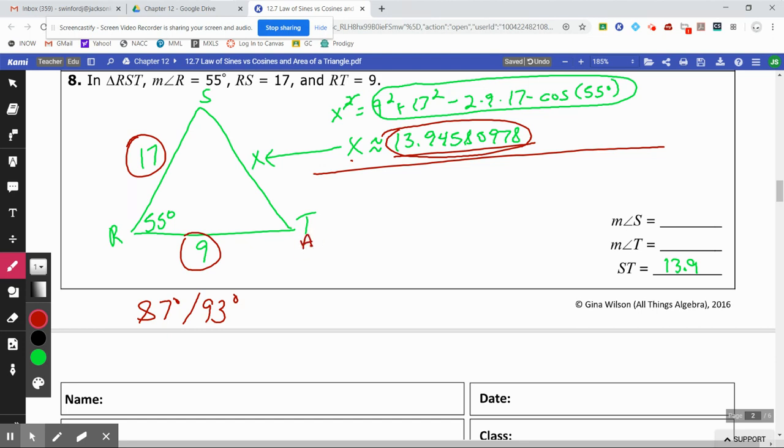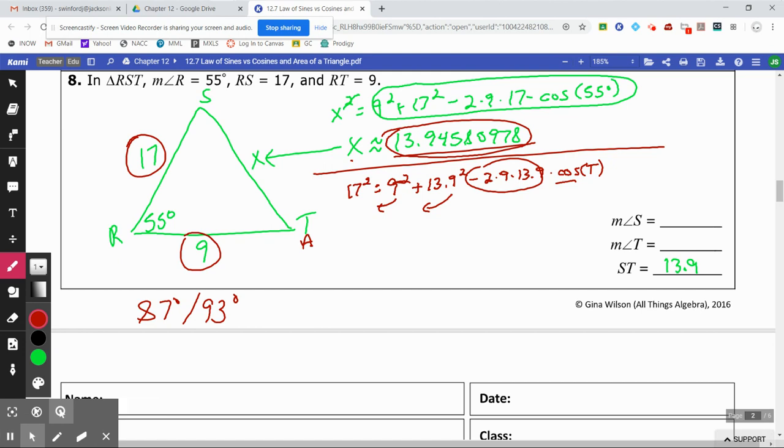That's going to be like my A. So I have 17 squared equals, so that's A squared equals 9 squared plus the other side was about 13.9 squared minus 2 times 9 times 13.9 times the cosine of, in this case, angle T. And as I work that, we move the 9 squared over, move the 13.9 squared over. By subtracting, we divide by this. Then we take the inverse cosine to figure out what T is.